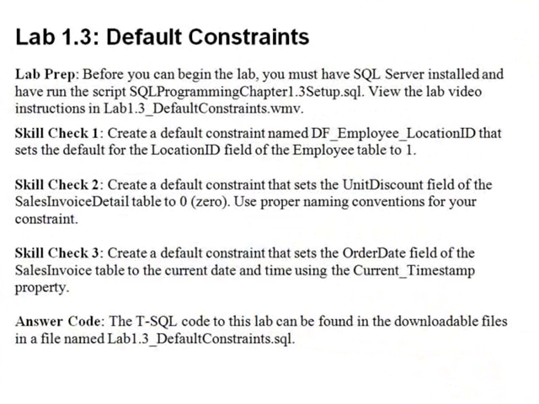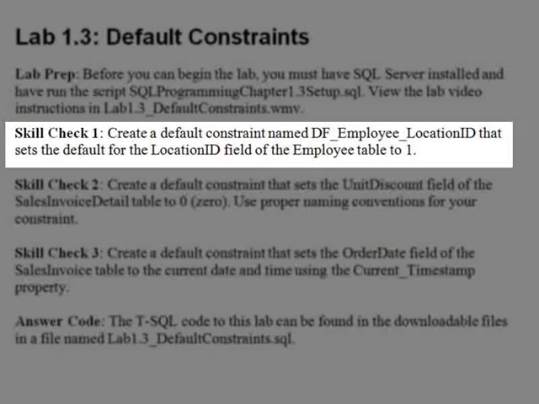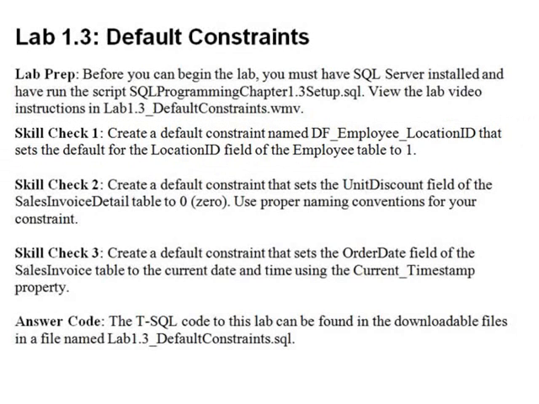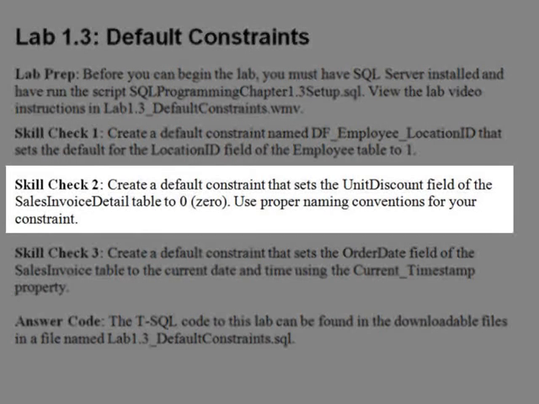Lab 1.3, Skill Check 1. Create a default constraint named df_employee_locationid that sets the default for the location ID field of the employee table to 1. Skill Check 2.